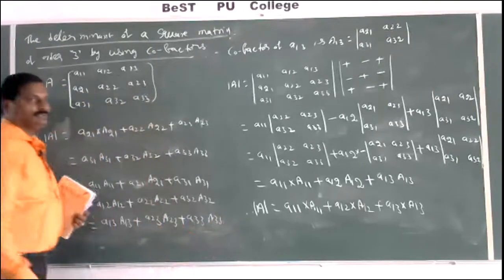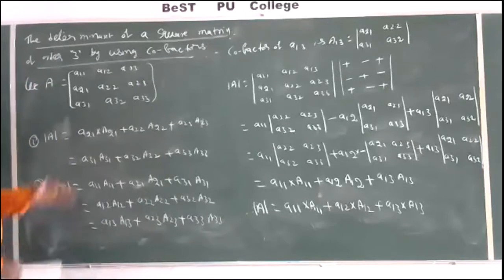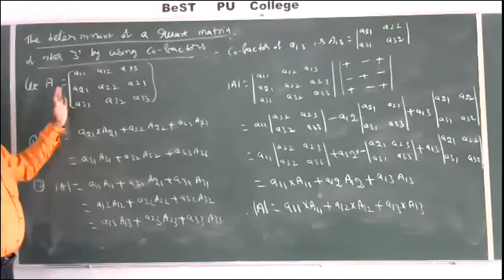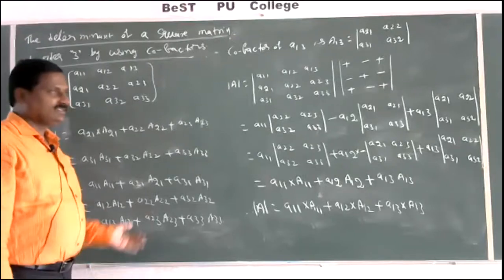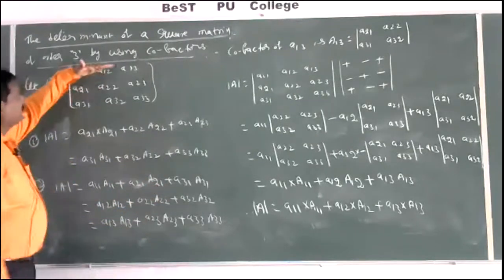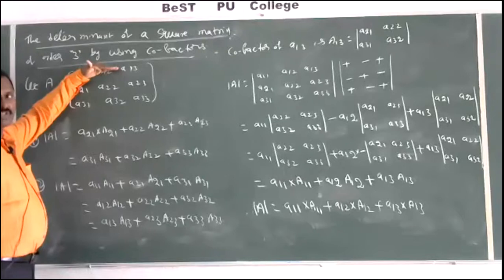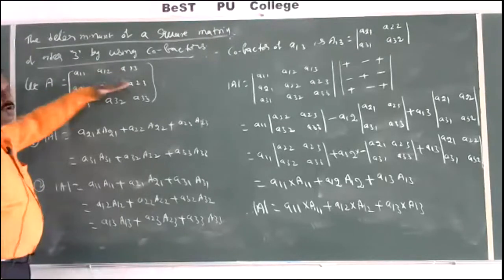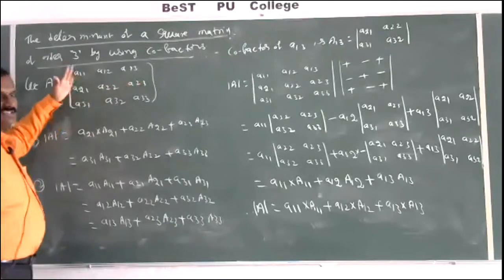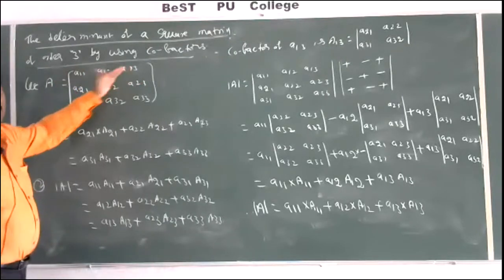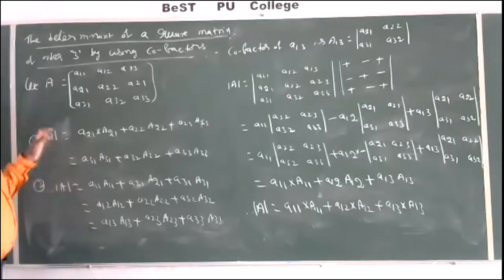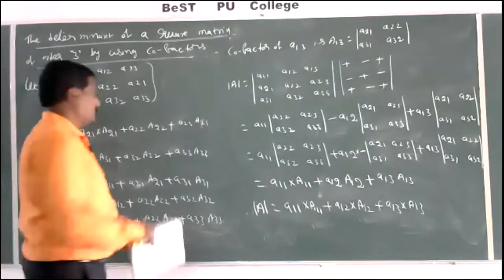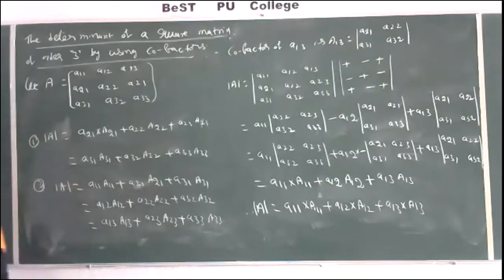You can take any row or any column elements and the same corresponding cofactors. And another condition that I will also prove here: if you take the sum of the first row elements and second row cofactors, the value becomes 0.